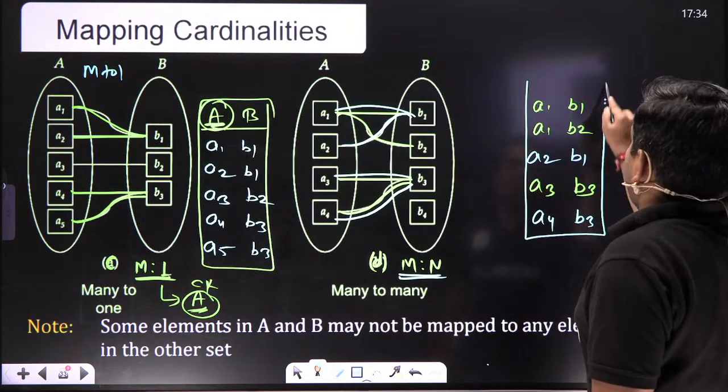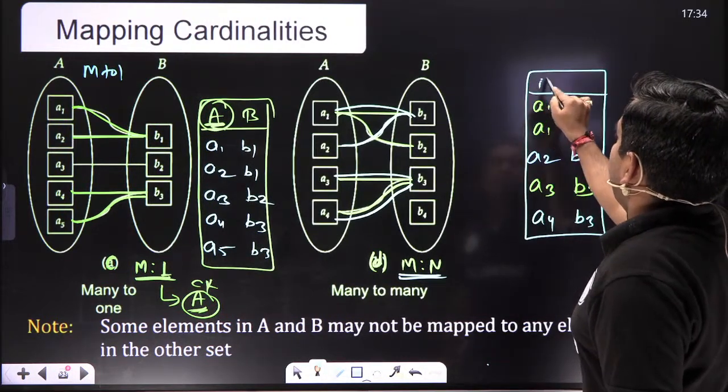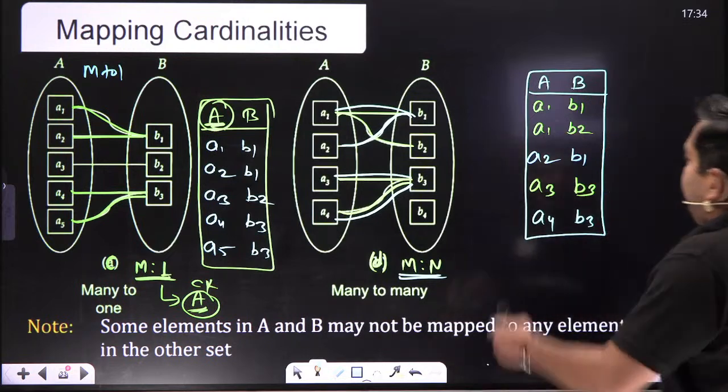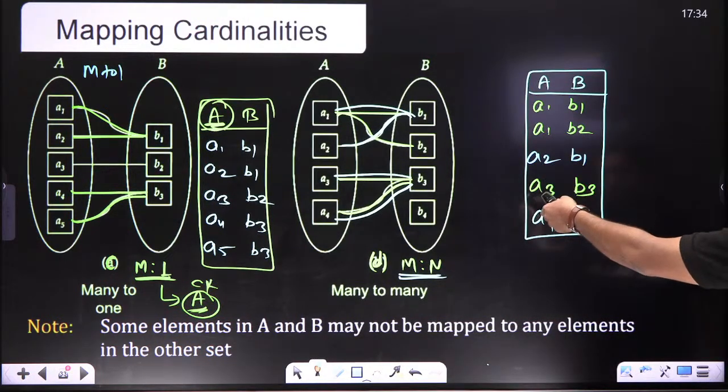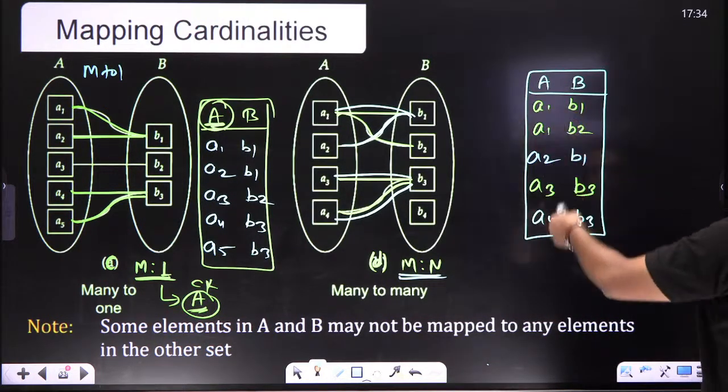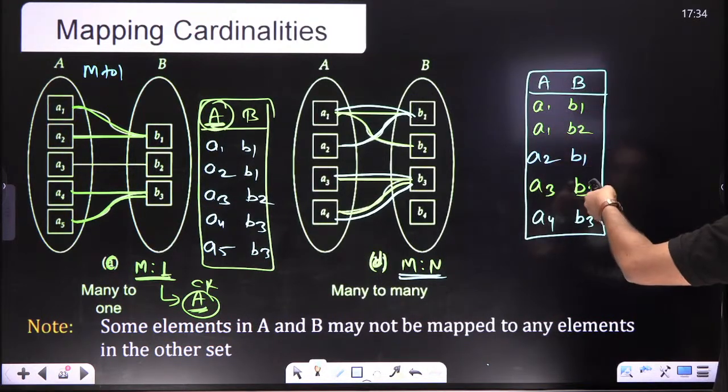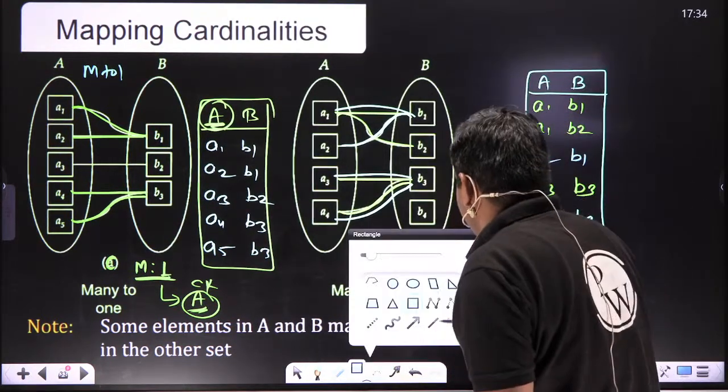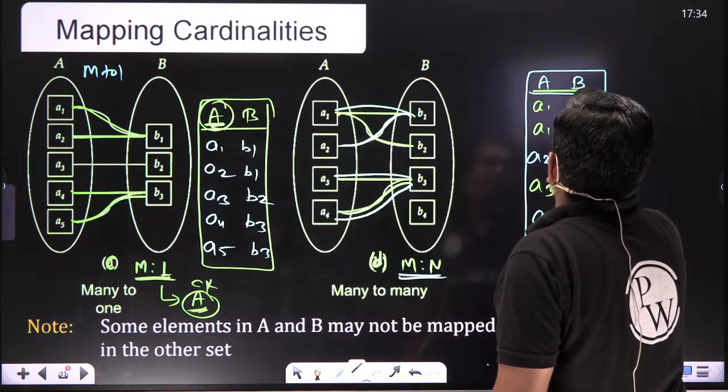So my dear students, can you make A or B a key? A1, A1, A2, A3, A3, A4 repeat. B1, B1, B2, B3, B3 repeat. So you combine them as a key AB.